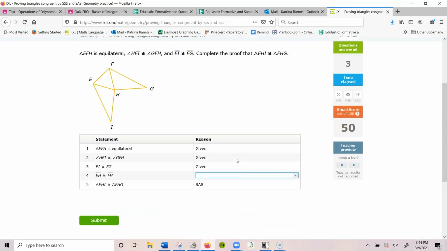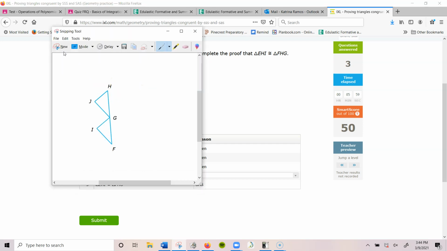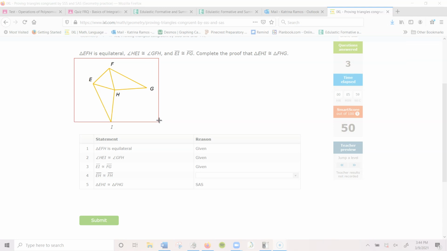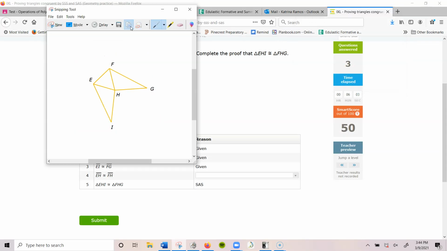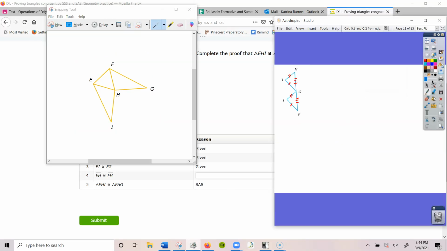Okay. Now here we have to give a reason and not the actual proof as to why these 2 are congruent. So again, I'm just going to copy this. I'm sorry, this is just the easiest way that I could copy the diagram instead of having to redraw the whole thing. So just bear with me.